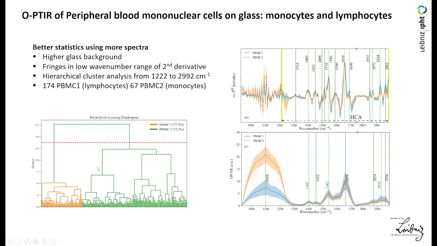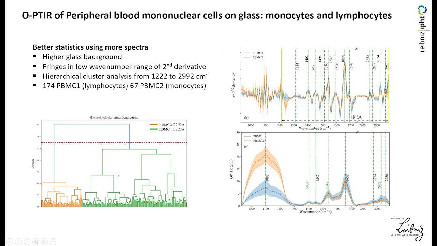So, and then using hierarchical cluster analysis, two fractions of cells were identified. We called them PBMC1 and PBMC2. The smaller fraction are the monocytes, and PBMC1, the larger fraction, was assigned to lymphocytes.